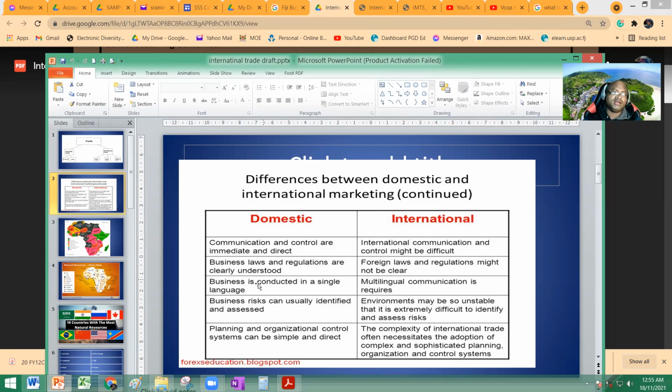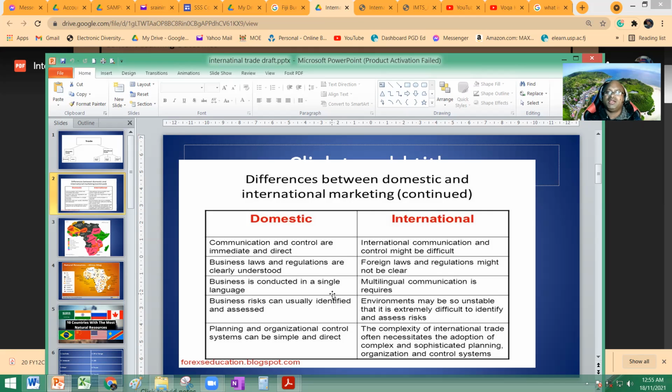In terms of language, within Fiji we have our main basic language, but when we try to deal with a buyer or a seller from China, do you know how to speak Chinese? Or do you need someone else to help you out? Do you trust that person?